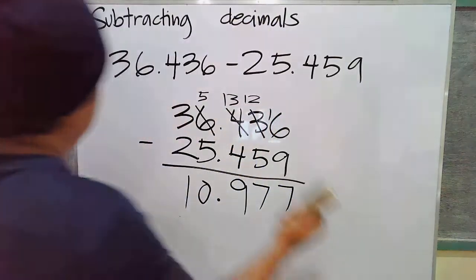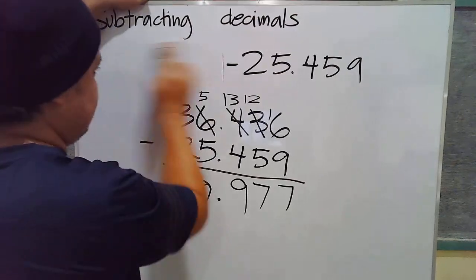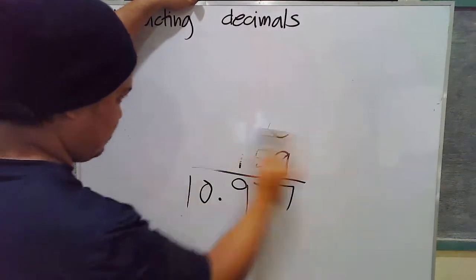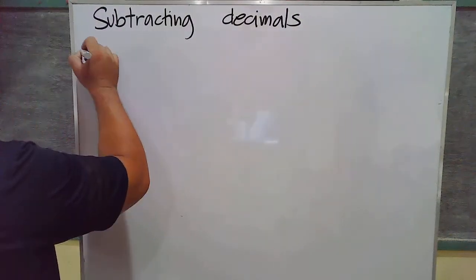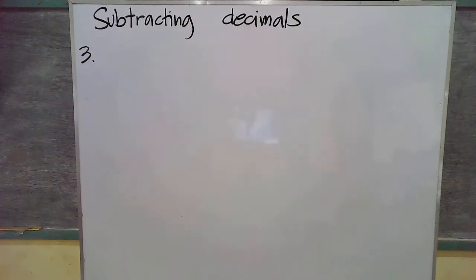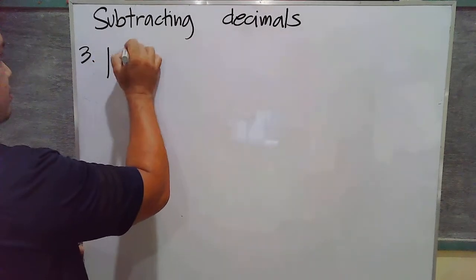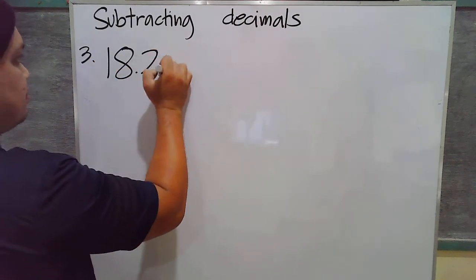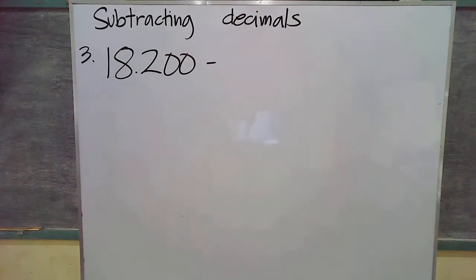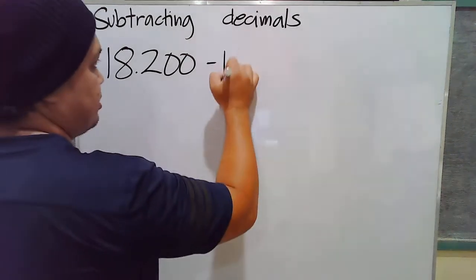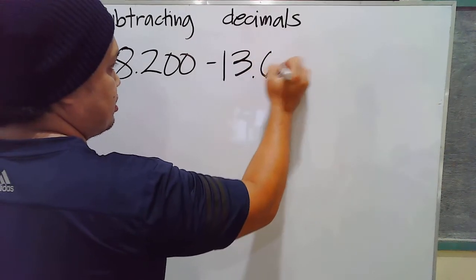Let's have example number 3. Let's have 18.200 minus 13.699.